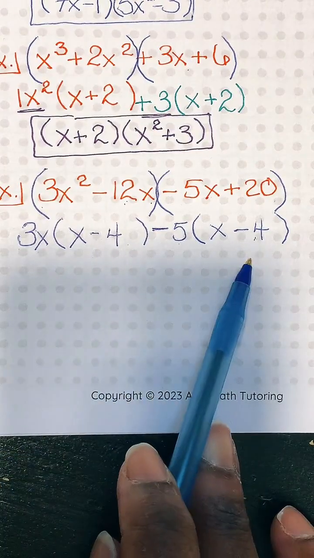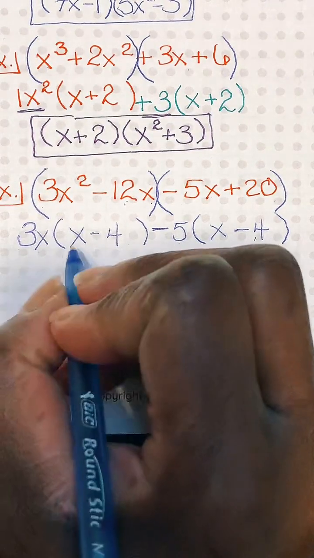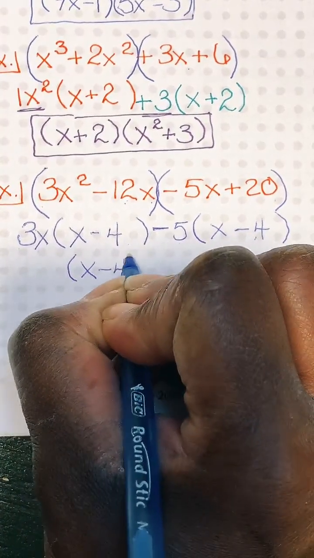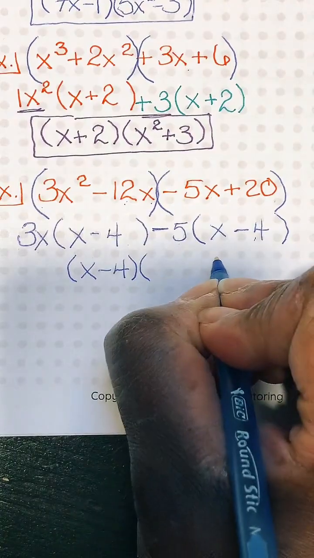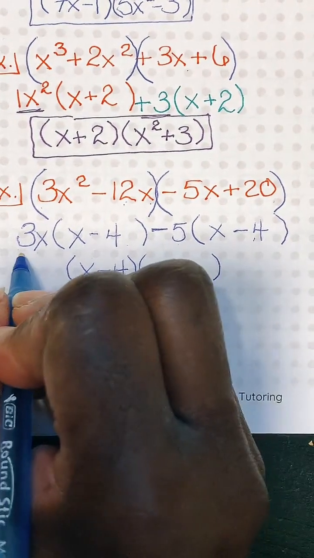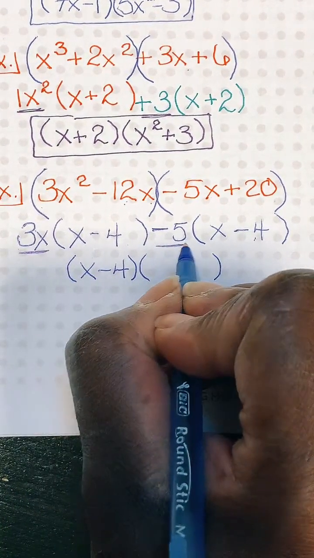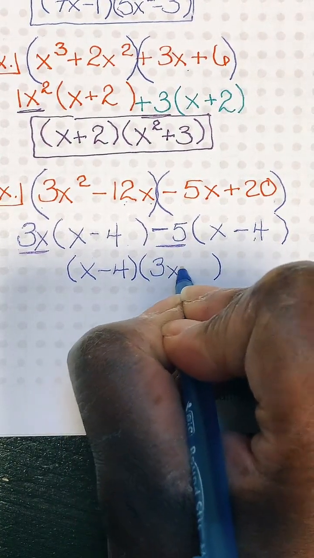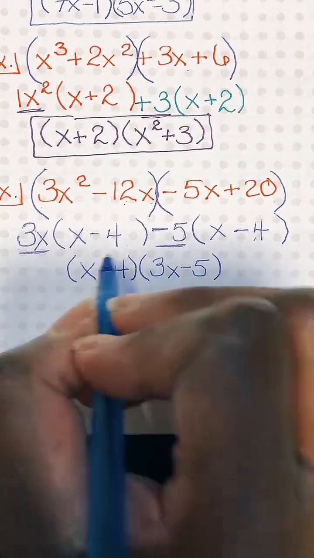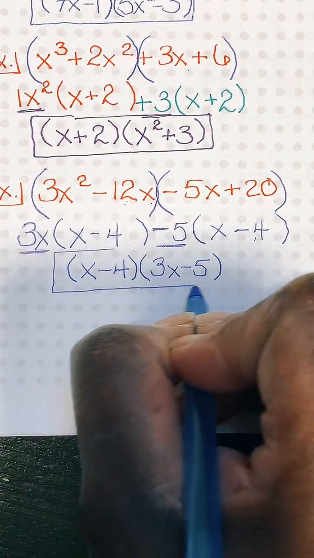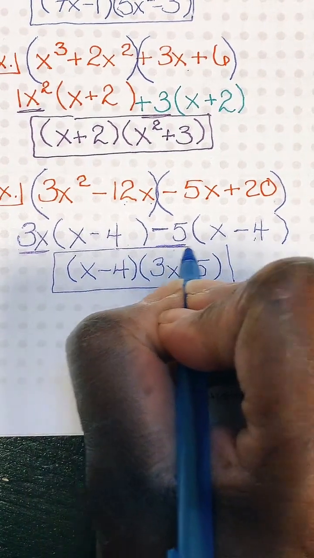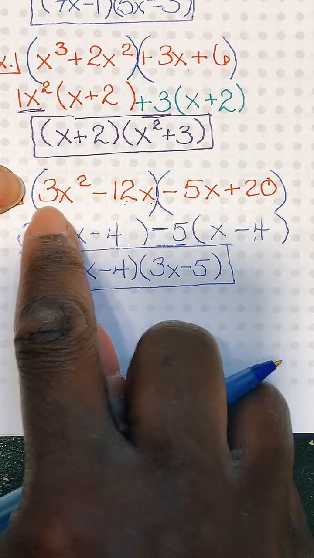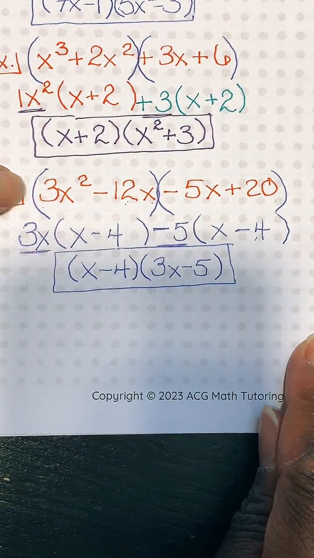So that is your GCF. We're going to write that down. We have our x minus 4, and then what goes into the other parenthesis is what remained on the outside, which is our 3x minus 5. So this x minus 4 and the 3x minus 5 are the factors that satisfy our original expression.